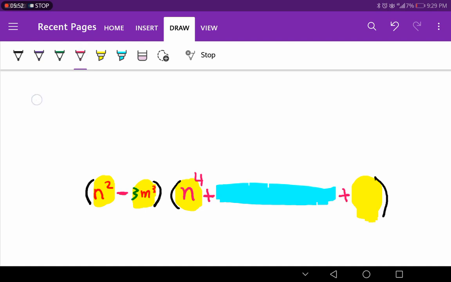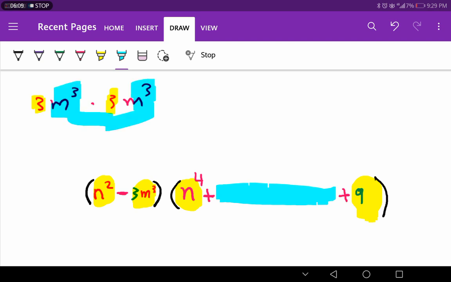So it is 3m with power 3 multiplied by 3m with power 3. And 3 by 3 gives me 9. And m with power 3 multiplied by m with power 3 gives me m with power 6. Are you happy with that, Yusuf?